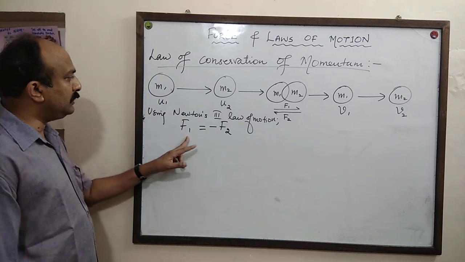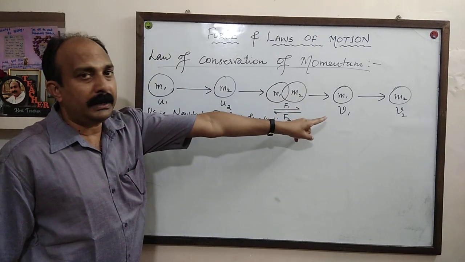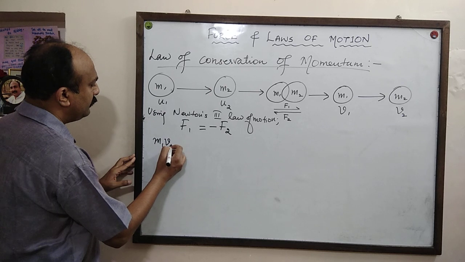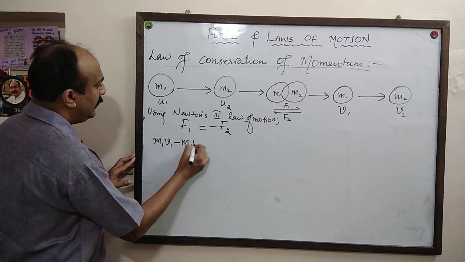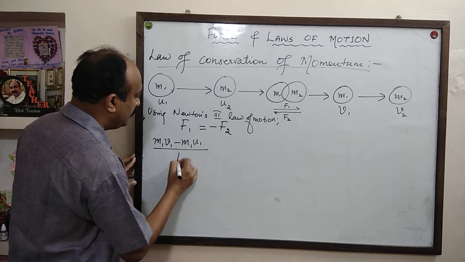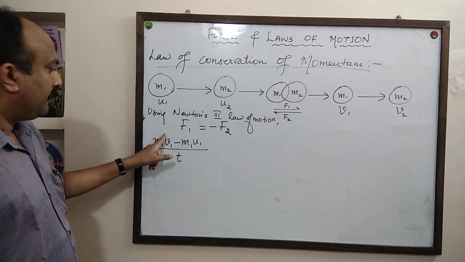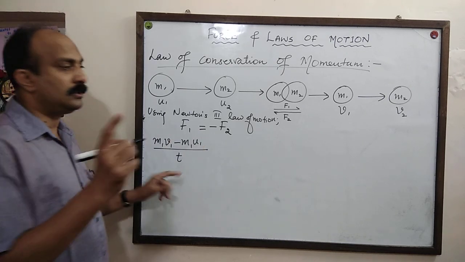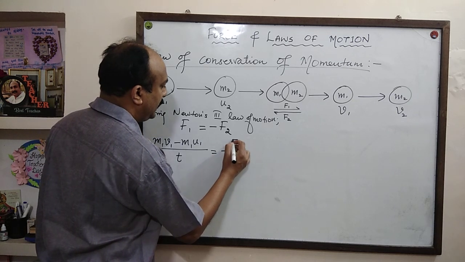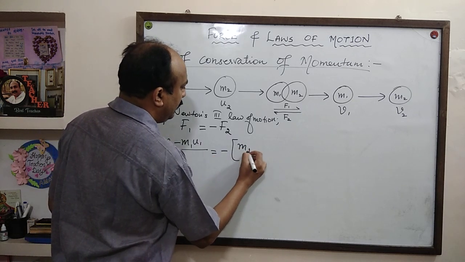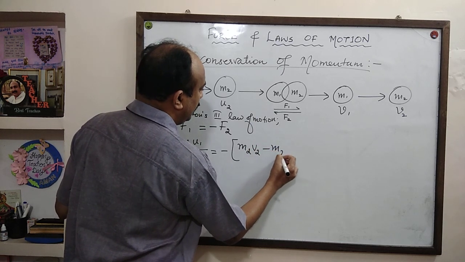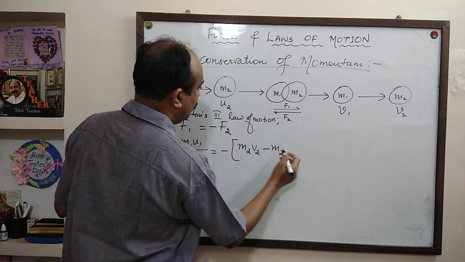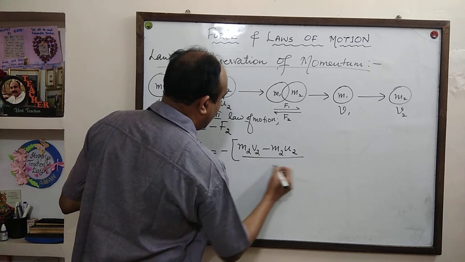So what will be the rate of change of momentum of the first body? Final momentum minus initial momentum. That is m1 v1 minus m1 u1 upon t. Final momentum minus initial momentum upon time is called rate of change of momentum, is equal to minus, what is F2? m2 v2 minus m2 u2 upon t.